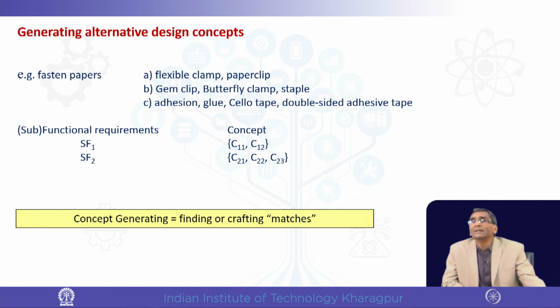That means, for sub function 1, the first and second means are workable or possible or available or can be created. Similarly, for sub function 2, C21, C22, C23, that means the first, second and third column, that means 3 means are possible or can be utilized.